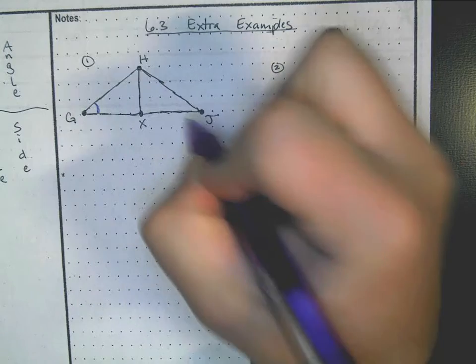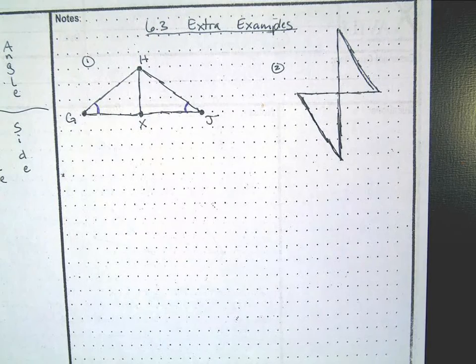So we're told this angle over here is congruent to this angle over here.